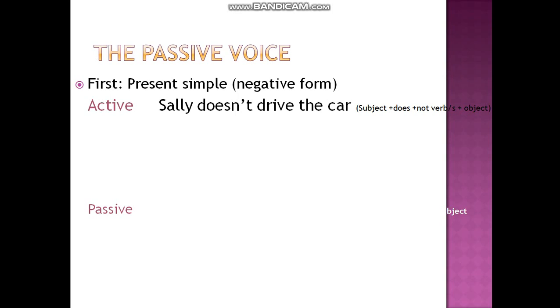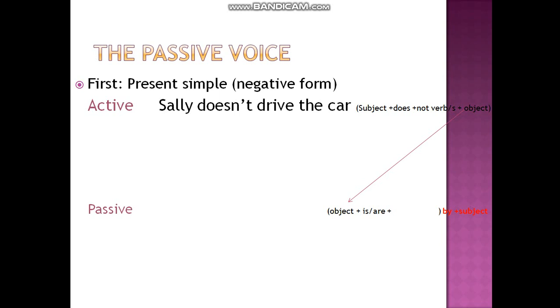The present simple negative form. As we all know, if we want to make a sentence negative in the present simple, we use don't or doesn't depending on the subject. So, again, we're going to use the same steps. We have subject, does or do, not plus verb s plus object. We're going to take our object, put it first, is are again.